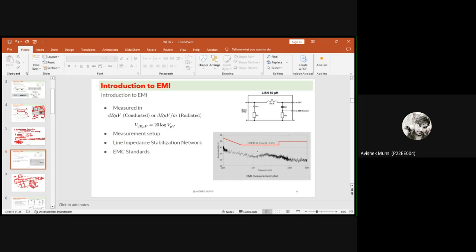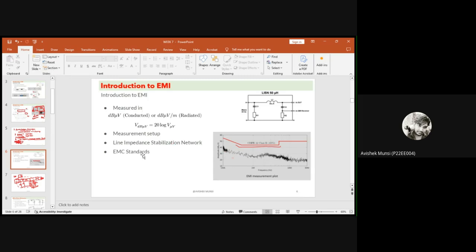The device which I prepared, a converter, is it okay or not? How could you say that? For that reason, you have to check, suppose this is your noise which you are getting and this is a standard. You have to follow that there are some standards for specific frequencies, and you have to get certified from those standards.